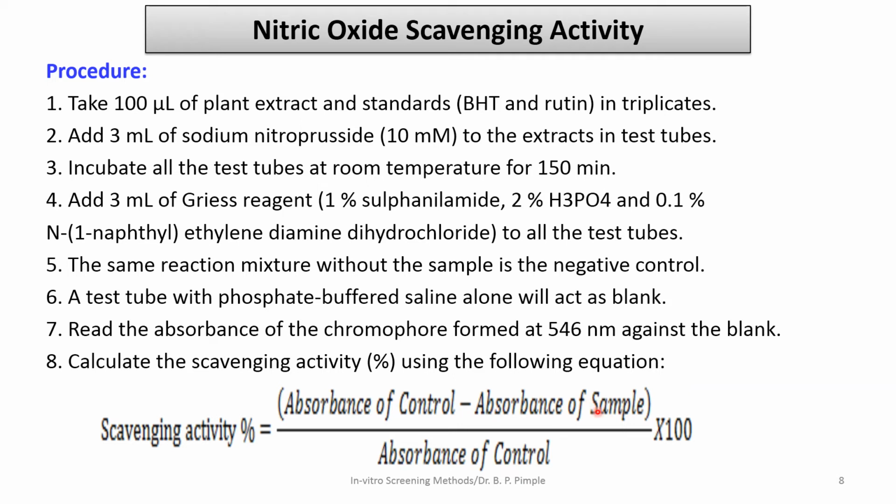The absorbance you are quoting here should be initially treated by subtracting the absorbance of blank. Similarly, for control, subtract the absorbance of blank from it and then put the values, so you'll get more accurate values. Blank is serving just like a correction factor here, or baseline correction.